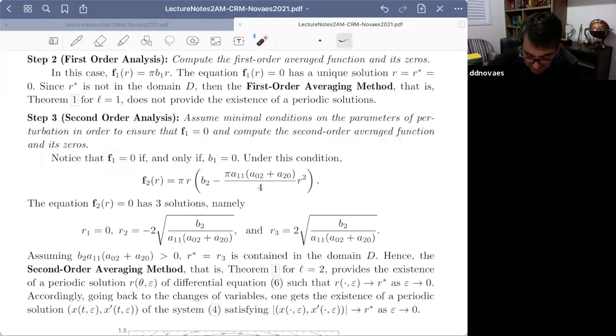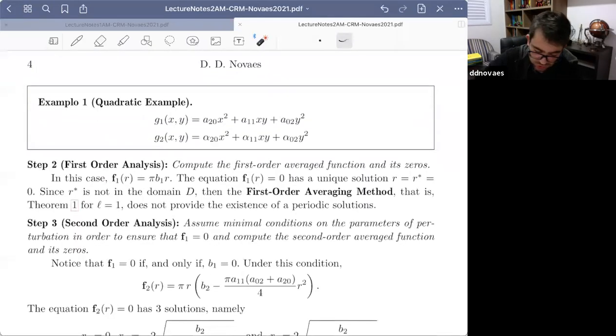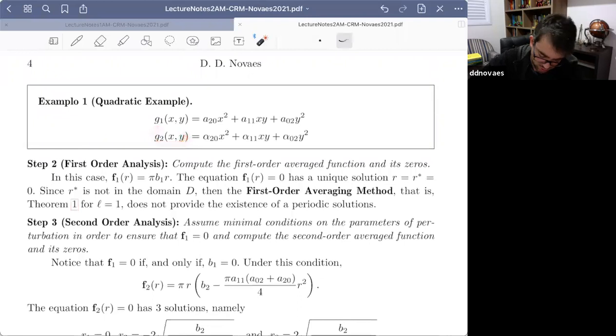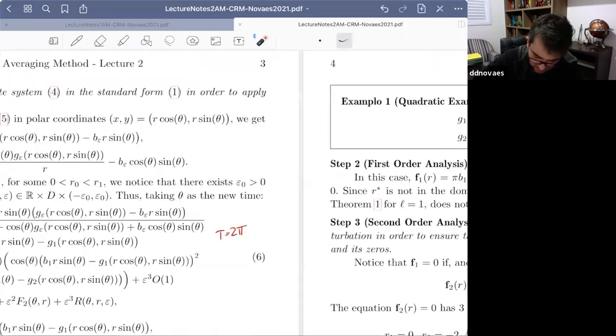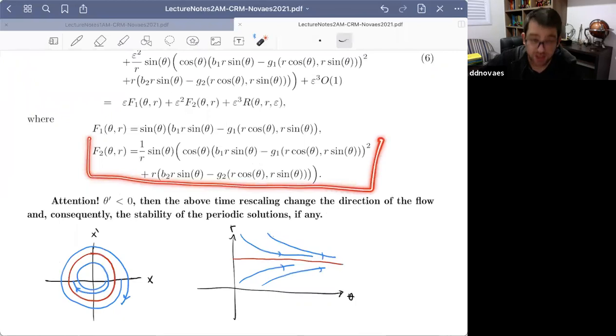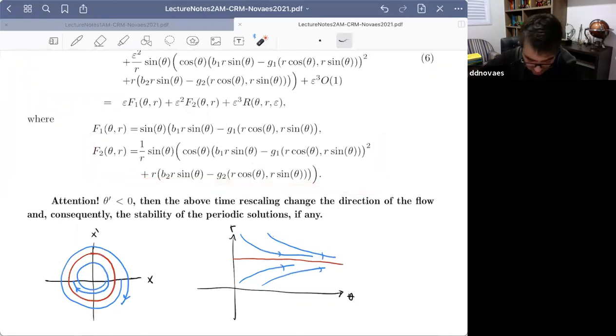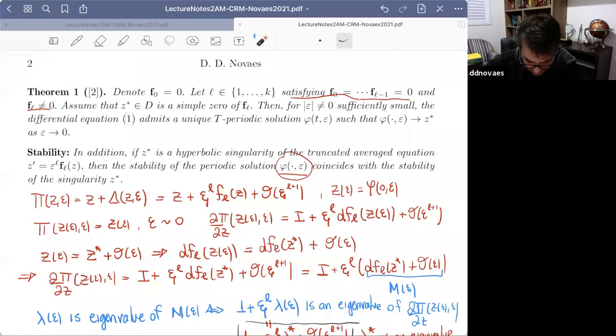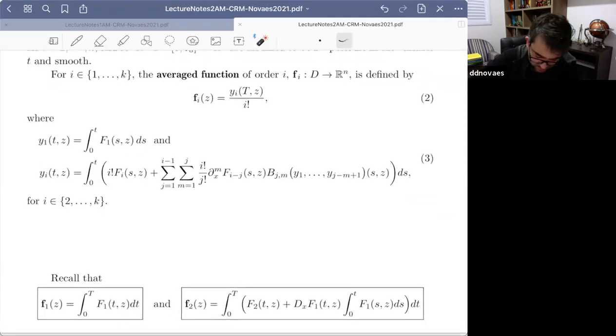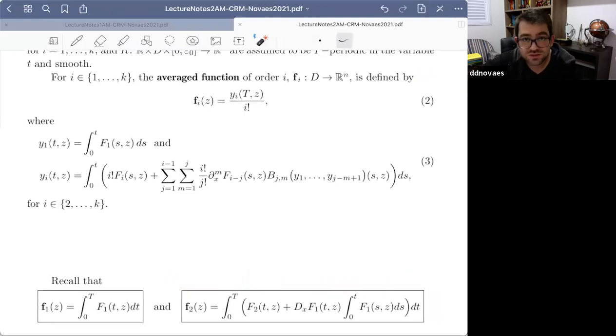F1 is equal to 0, as I said, if and only if B1 is equal to 0. Under this condition, we substitute G2 in F2 and compute the second order average, which is given by this expression. In this case, it's very simple to compute. It's not always like that; actually, it's usually very hard to pass to the second order average.